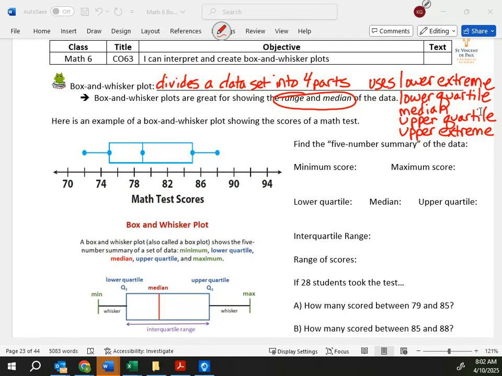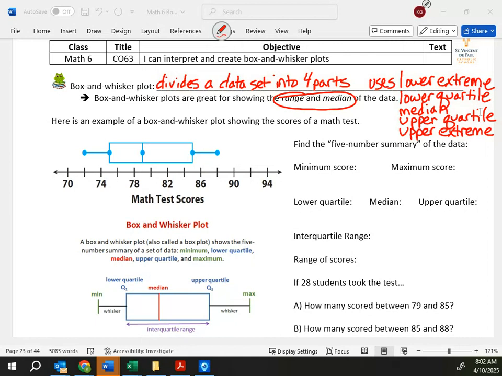So here's an example of a box and whisker plot showing the scores of a math test. So we can see scores of the test. You got a 70% up to the 94%. We're going to see what all of these different points mean using our new vocab words. Okay.